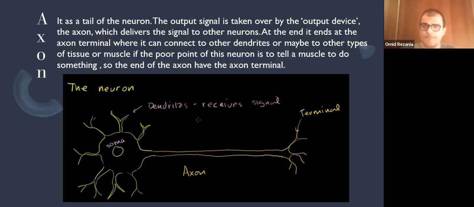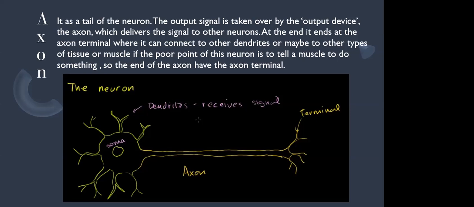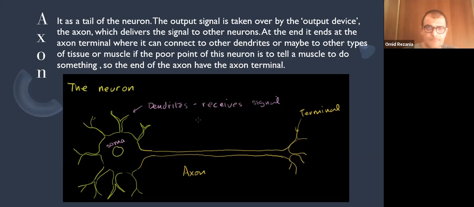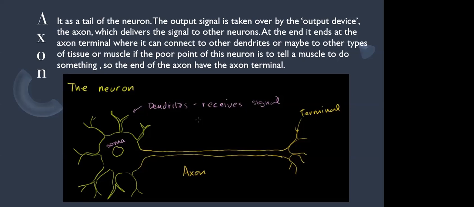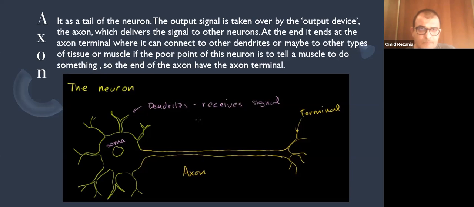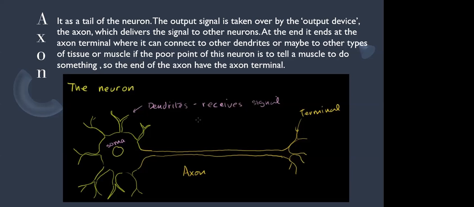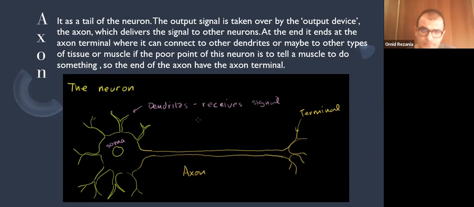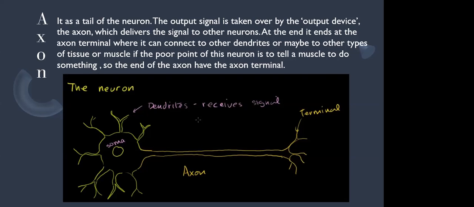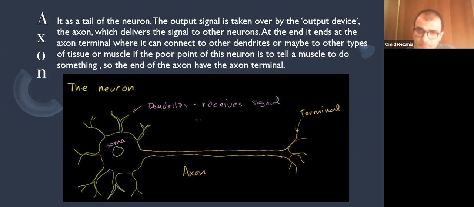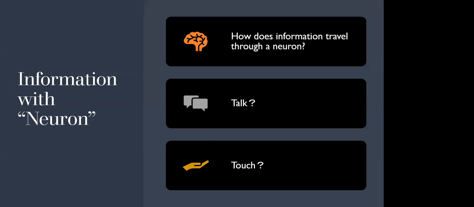At the end, it ends at the axon terminal, where it can connect to other dendrites, or maybe to other types of tissue or muscles. If the purpose of these neurons is to tell a muscle to do something, the end of the axon has the axon terminal.